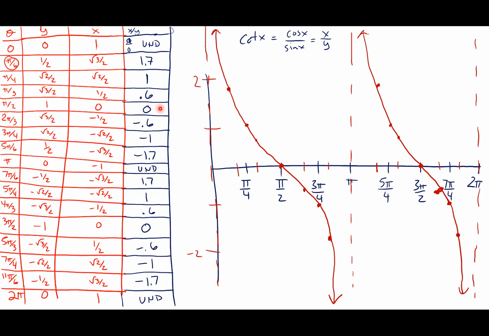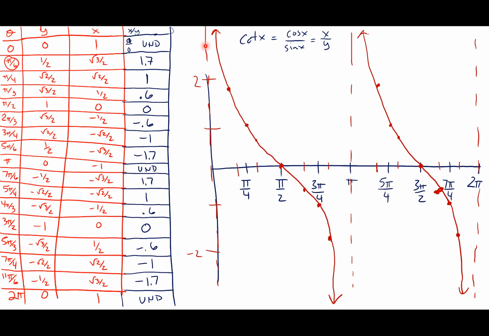So 0, then negative 0.6, negative 1, negative 1.7, undefined, 1.7, then a 1, then a 0.6, just by looking at the ratios there. Then 0, negative 0.6, negative 1, negative 1.7. So take the time to fill in the chart, make sure you know where the numbers are coming from, and let's build our graph. Pause the video if you need to.